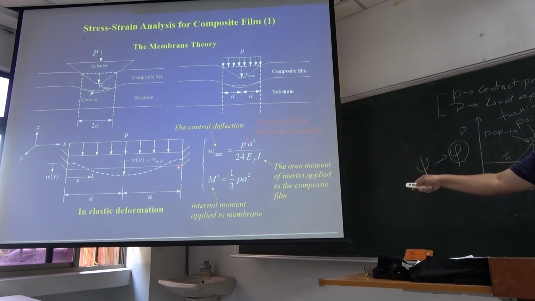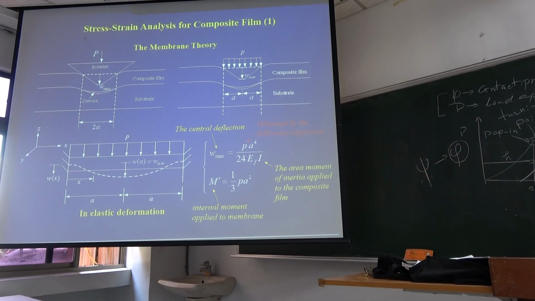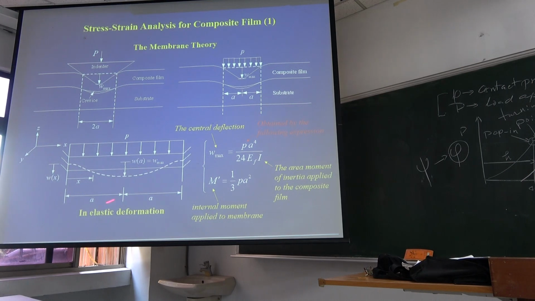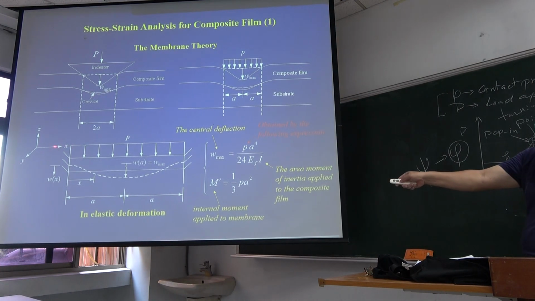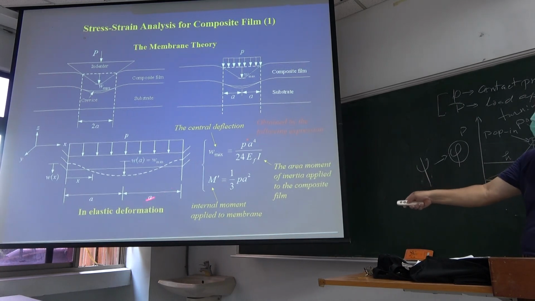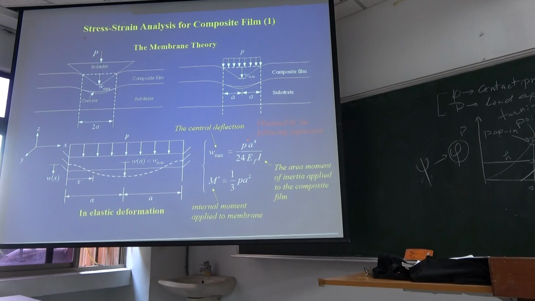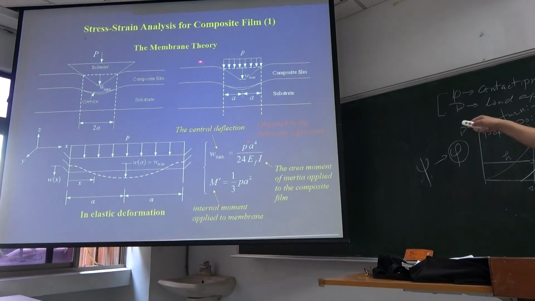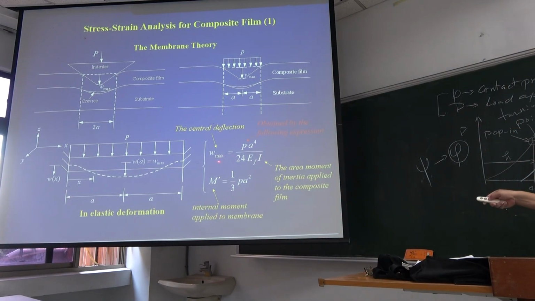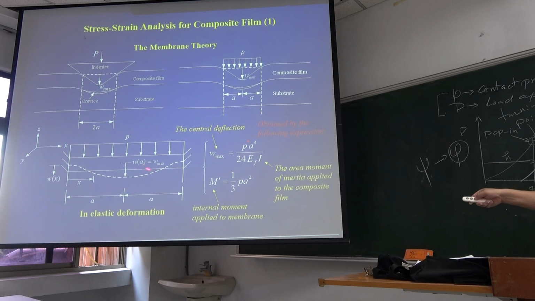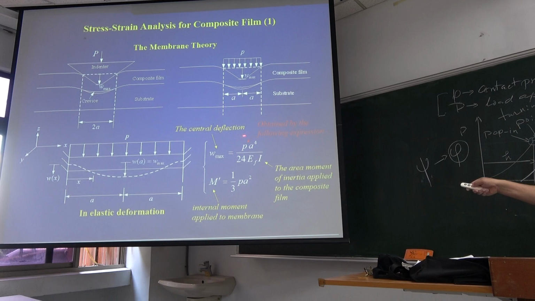This maximum deflection we call W maximum, at the midpoint. So by the membrane theory, the maximum deflection under the center line, you can find, is this equation.